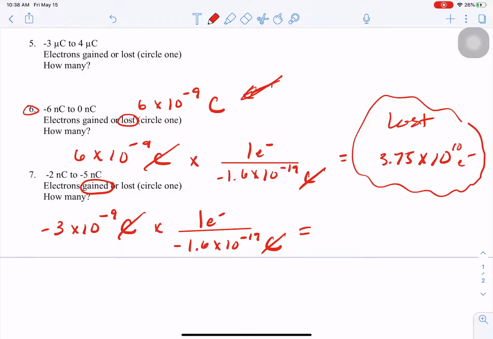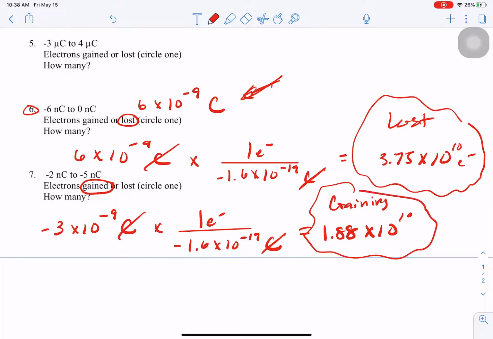We get 1.88 times 10 to the 10th, and since you're gaining, we can just say you gained 1.88 times 10 to the 10th electrons.